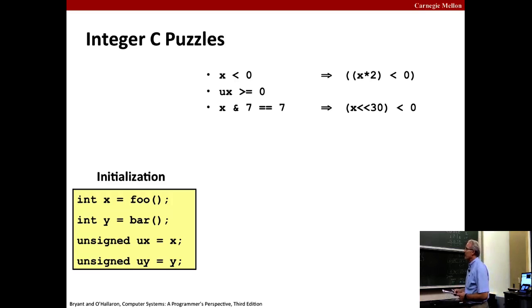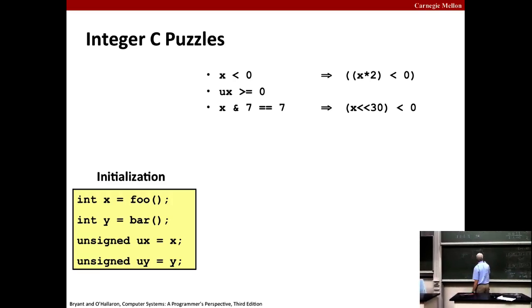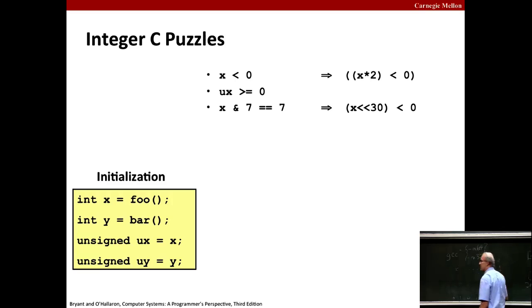This is slightly more obscure. If I take x and I mask off with 7, you remember, is the bit pattern 1, 1, 1. So if I mask off all but the lowest 3 bits, and I find that those are all 1s, and then I shift it left by 30 positions, what can I say about the result? I know that x must finish with 3 1s, right?